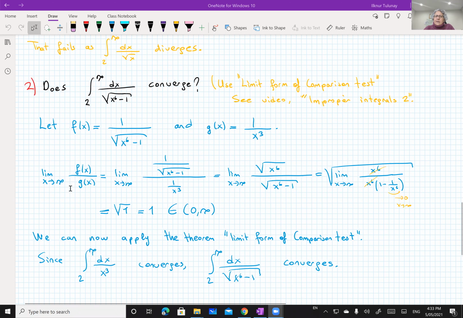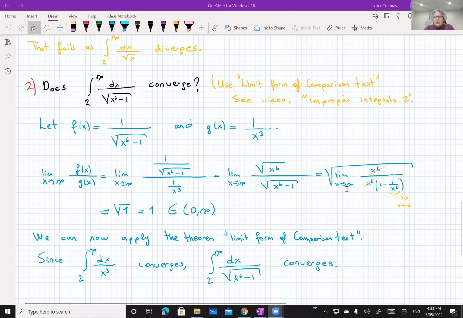If we look at the limit, I can write x^3 as the square root of x^6. It's exactly the same. So that is this entity, root of x^6 minus 1. I can take the x^6 out in this equality, and they will cancel out.